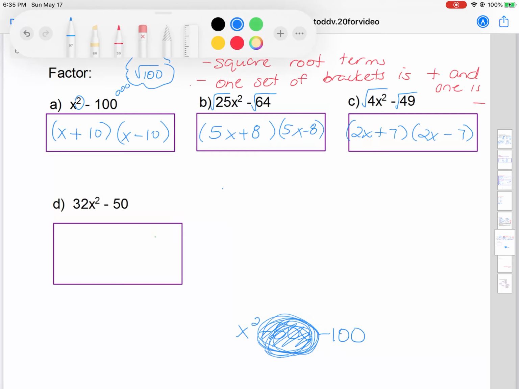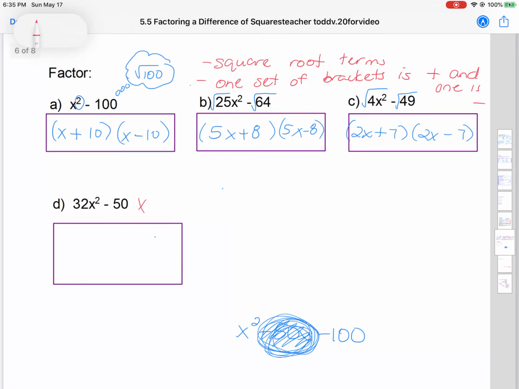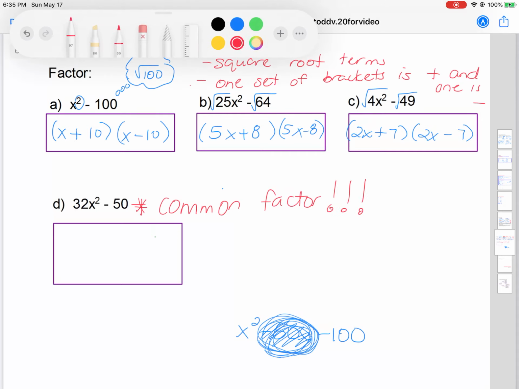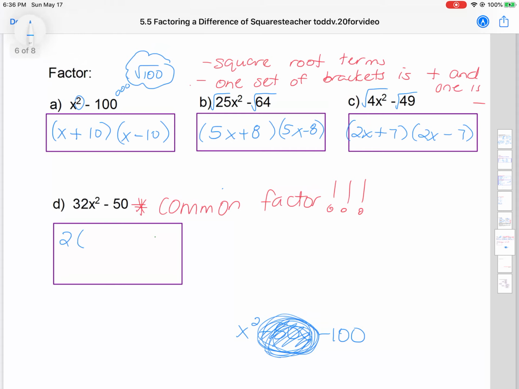Now this one down here is missing that b term, okay? But it looks weird because 50 and 32 are not perfect squares. What do we always check for first? A common factor. Okay, so then what can we divide these by? Well, we can divide them by 2, and then we're going to get 16x squared and 25.